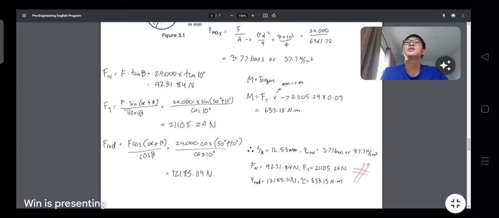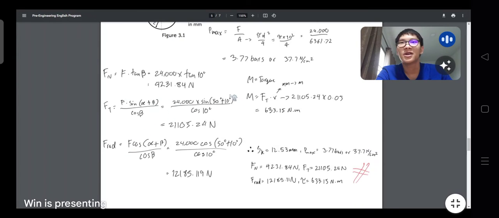Tangent force is equal to F. Actually, tangent force and radial force are nearly the same, except this is sin and this is cos. So F times sin of alpha plus beta, divided by cos beta. The same, but except sin is replaced with cos.